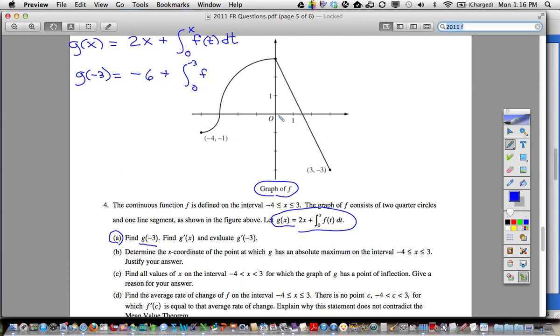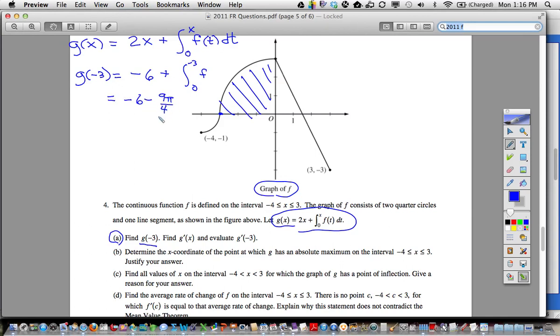So what's the integral from 0 to negative 3? Well, oh wait, that's going back this way. That'd be this area here, but it's backwards. So this is 9 pi divided by 4, because it's only a quarter of a circle, and it's negative. So this would be negative 6 minus 9 pi fourths.